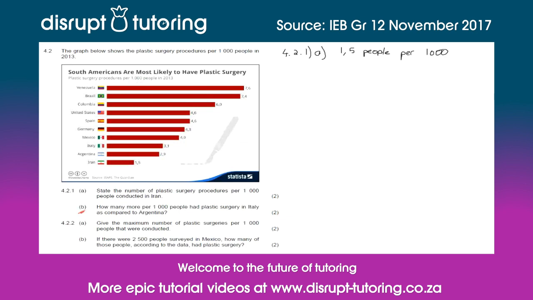It's asking in B, how many more per 1,000 people had plastic surgery in Italy as compared to Argentina? So we have here Argentina and Italy over here, and we need to find the difference. You can see that we can read off 3.1 here for Italy and 2.9 here for Argentina.